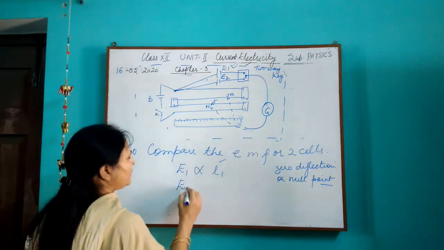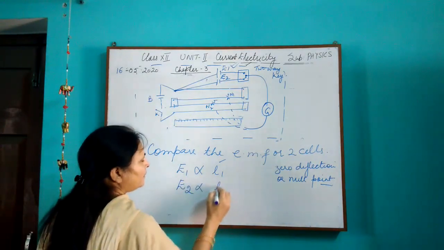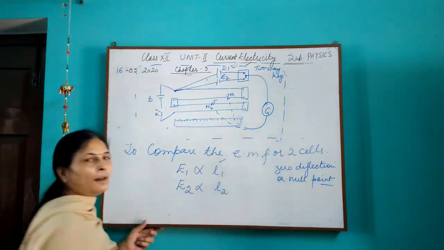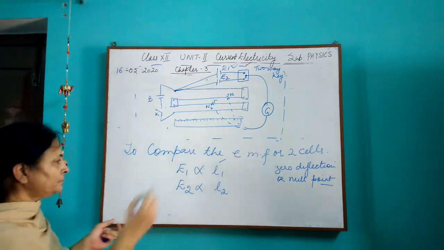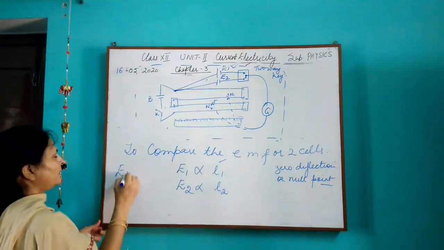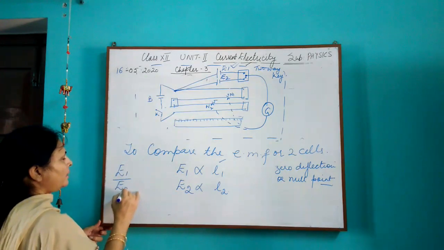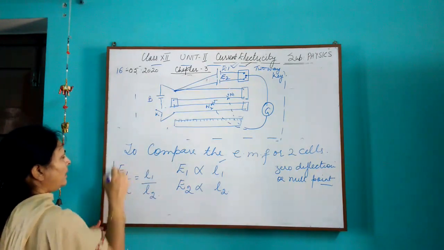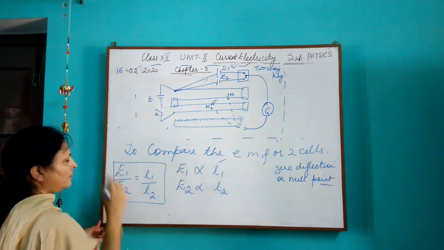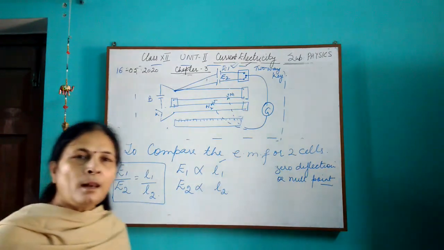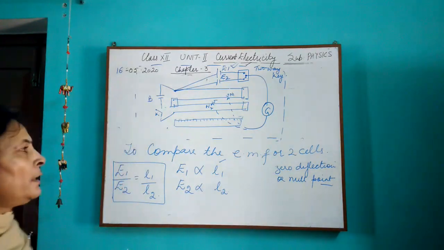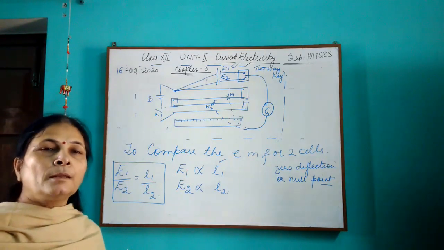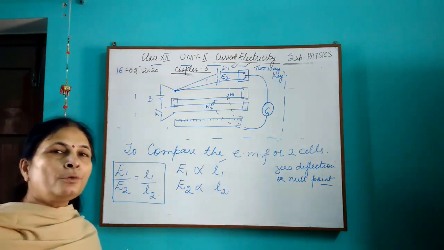Let the null point now be found at length L2. Dividing the two, what you will get? E1 upon E2 is equal to L1 upon L2. In this way, we can compare the EMF of two cells.